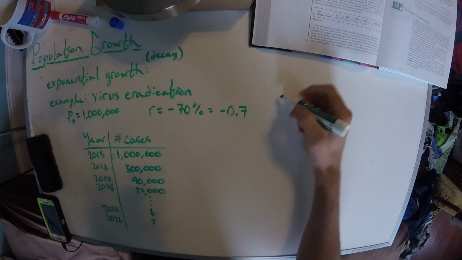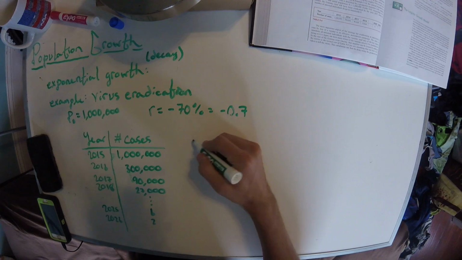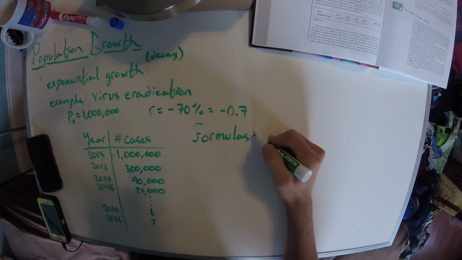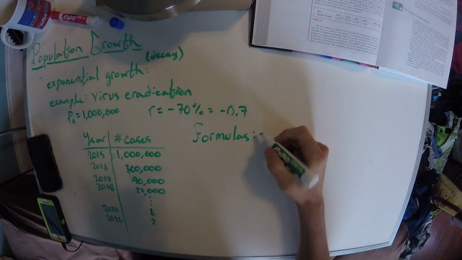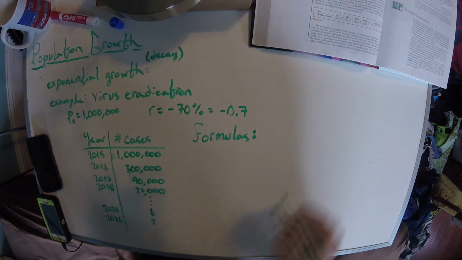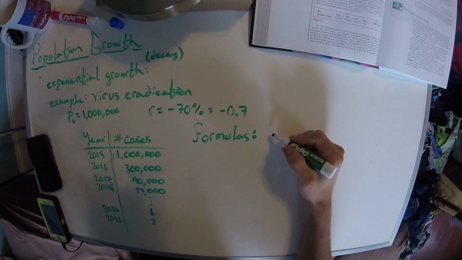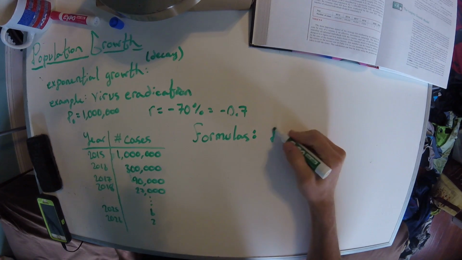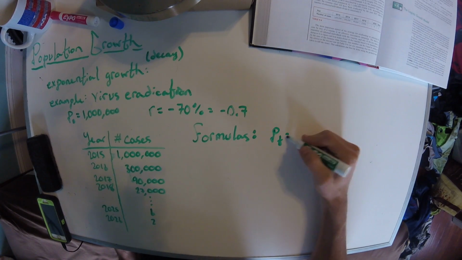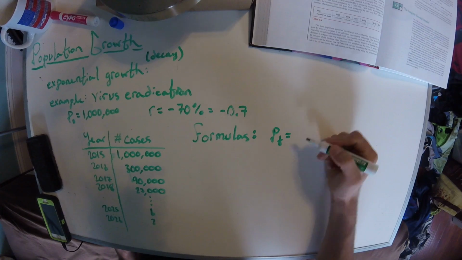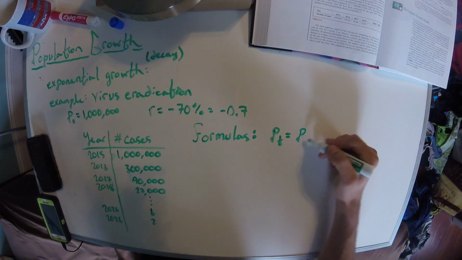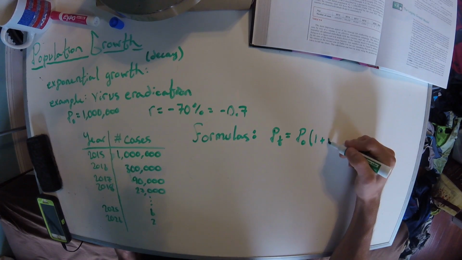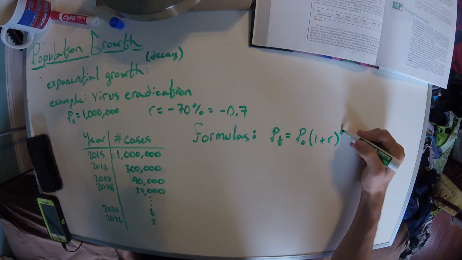First of all, I'm going to put a little section here for formulas. The first thing I want to mention is that the population at some time t is of course given by P, the original population, times 1 plus r, raised to the t.